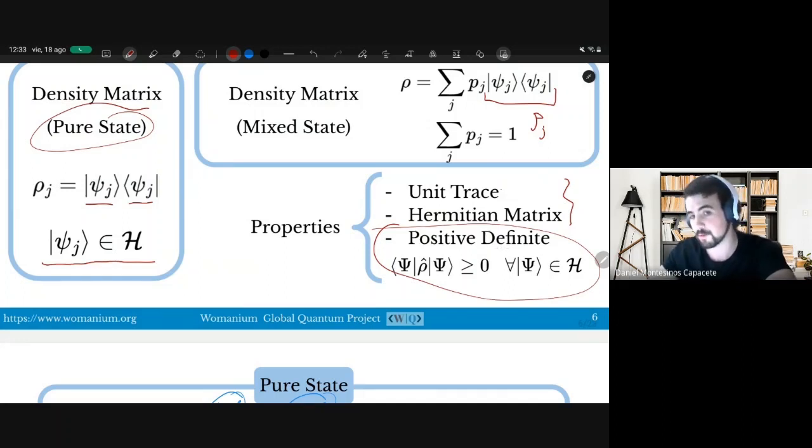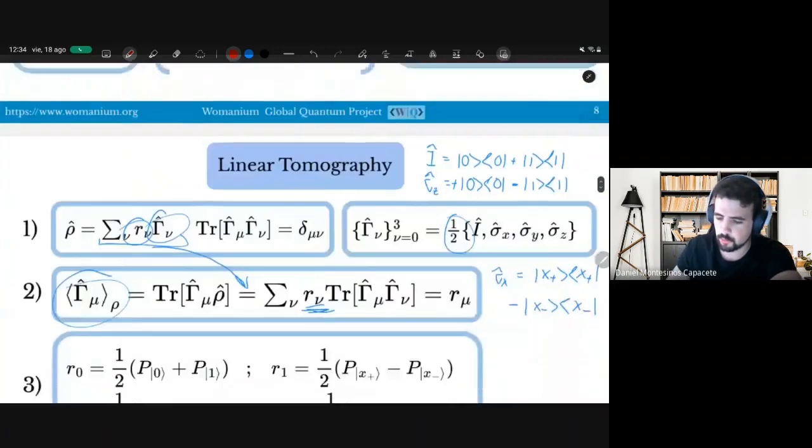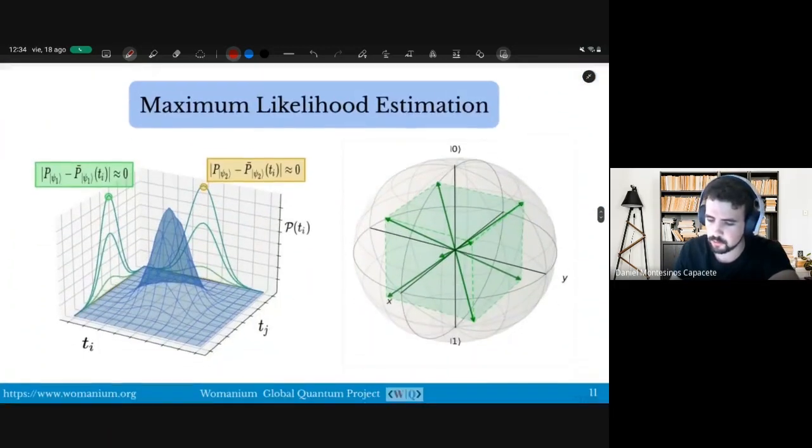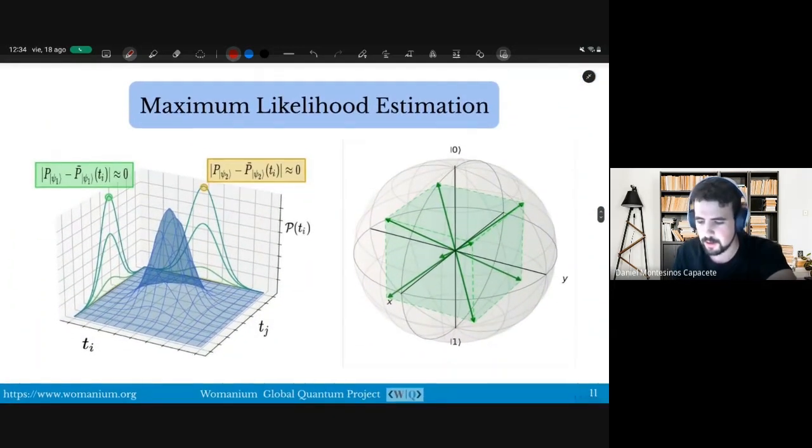because when you measure something in your laboratory, there is going to be some experimental error. So depending on how good your probabilities are, you can get some density matrices that don't satisfy this property. To solve this, we can use maximum likelihood estimation.